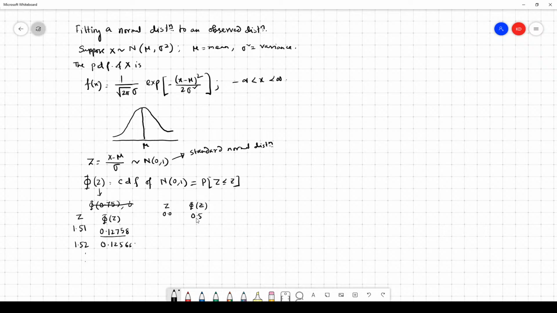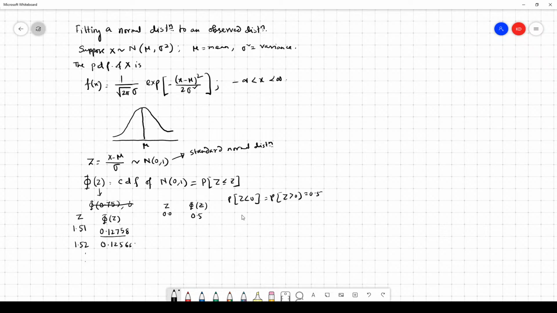If z is 0, this is 0.5, because the mean of the standard normal distribution is 0, and we know that the normal distribution is symmetric about the mean, so the standard normal distribution is symmetric about 0. That's why probability Z less than 0 equals probability Z greater than 0, and it should be 0.5.